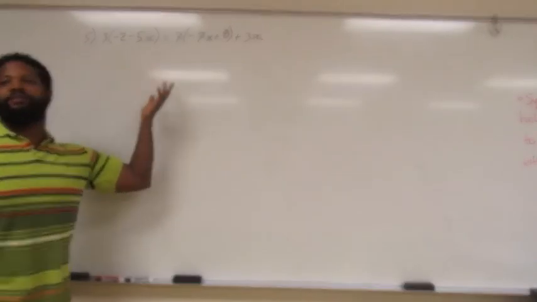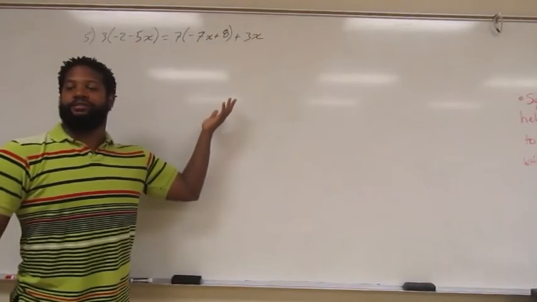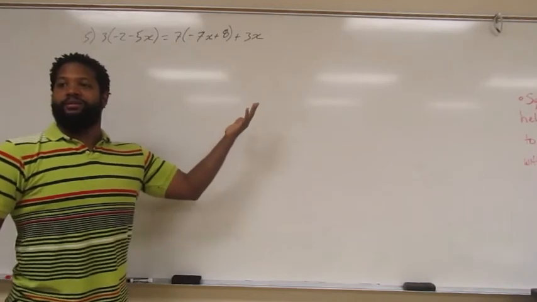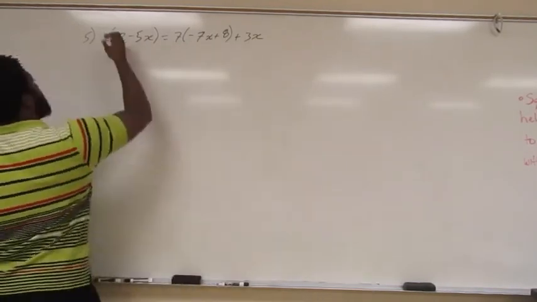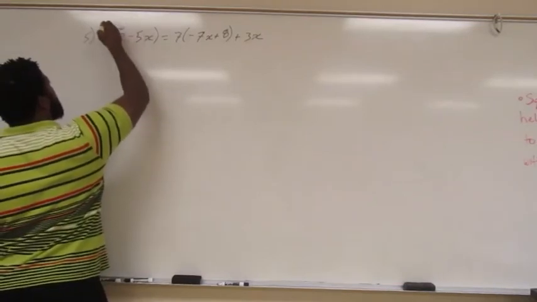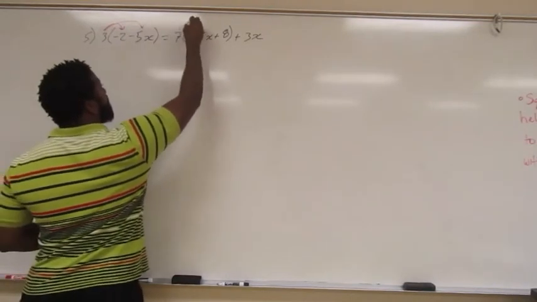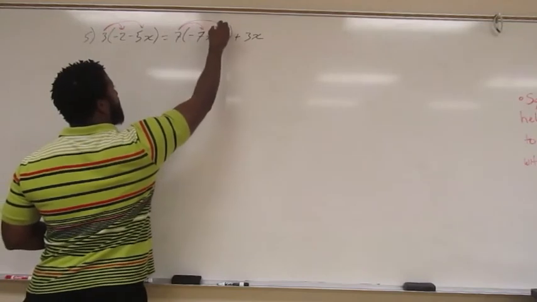Looking at this, first things first, treat it like PEMDAS, right? First things first, you're gonna get rid of the parentheses. So let's do our little rainbow real quick. Boom, boom, boom, and boom.